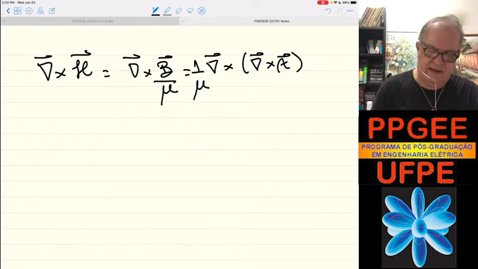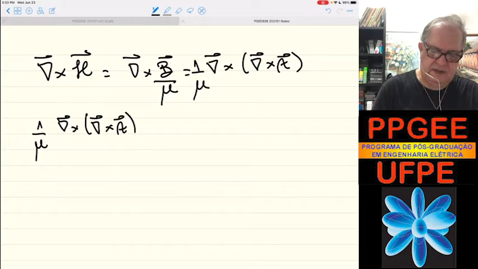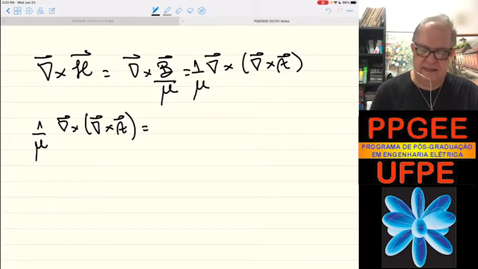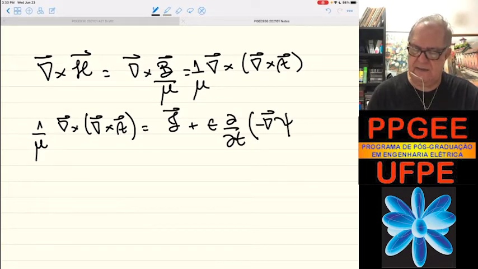So we have this relationship. Generalized Ampere's law: J plus epsilon d/dt of E, right, which is minus gradient of psi minus dA/dt.